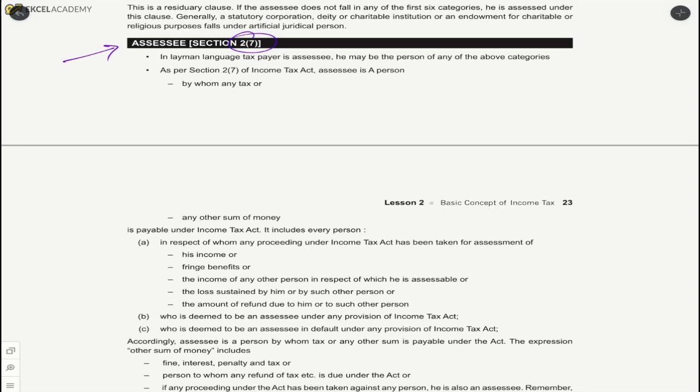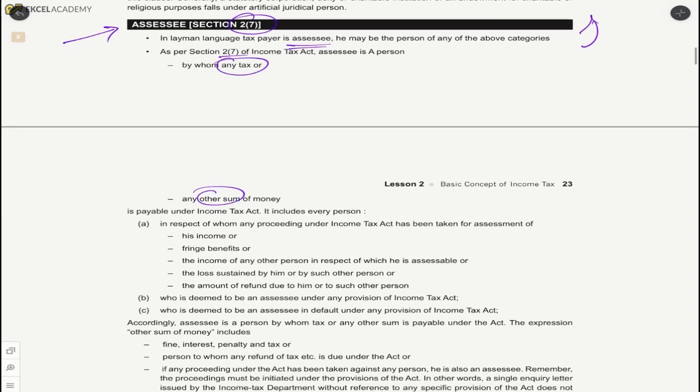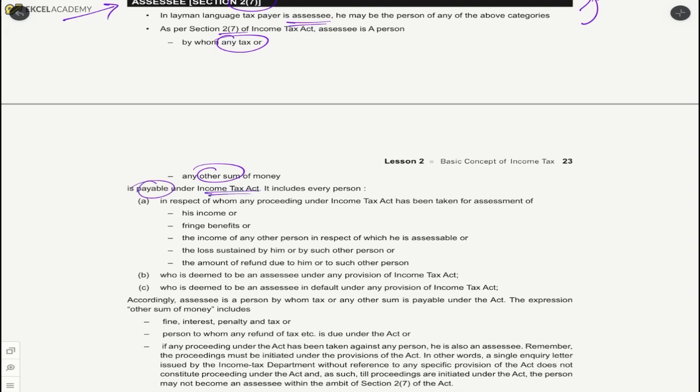Section 2, subsection 7. In ordinary language, a taxpayer is an assessee. He may be the person of any of the above categories, that is the ones which we just now discussed. But according to section 2(7) of the Income Tax Act 1961, assessee is a person by whom any tax or any other sum of money is payable under the Income Tax Act.